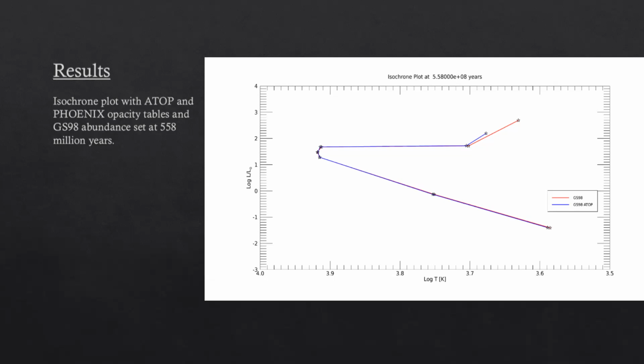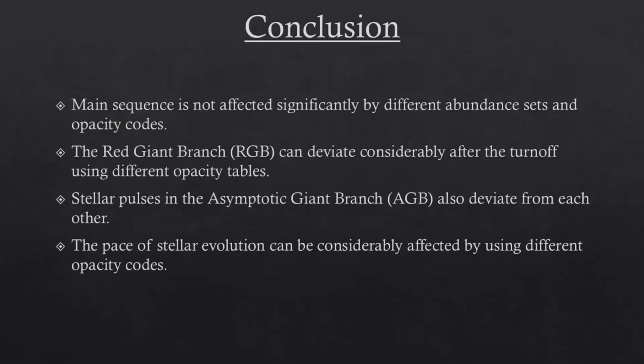So something that can be done after this is to look at why they are different again in those in the red giant branch, and also during the stellar pulses in the asymptotic giant branch. So the conclusion from all this is that the main sequence, as we saw, is not that significantly affected by producing opacity tables using different opacity codes or using different abundance sets.